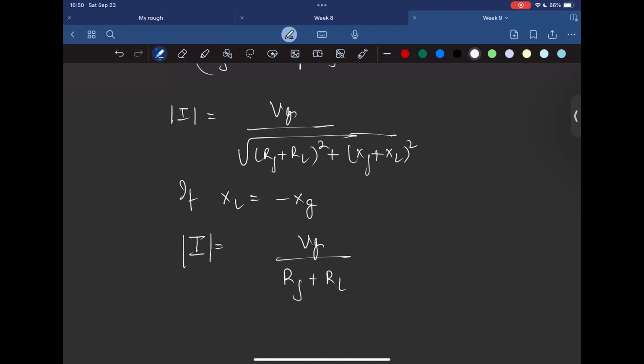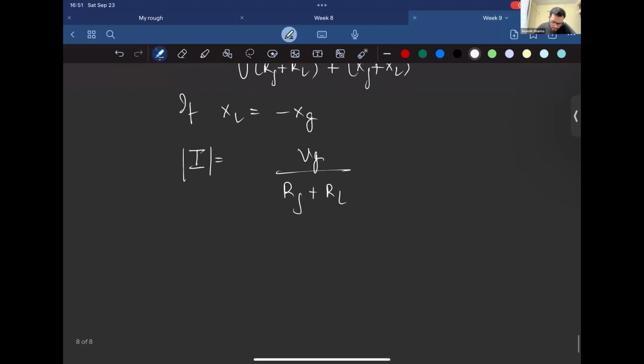So on further solving, I is equal to Vg by Zg plus Zl. Then if we substitute the impedances, it will be I is equal to Vg by Rg plus RL. You don't need to solve it in full, Renessa. From previous lectures, you'll know when we solve for Thevenin, now it's all real values, right?